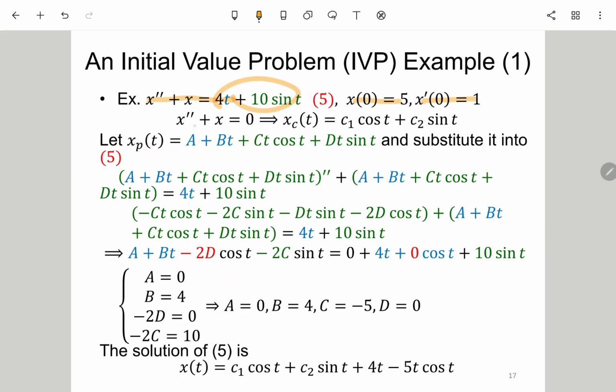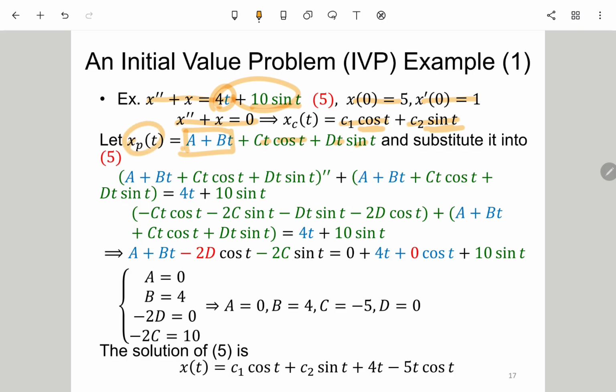The first step is to solve for the homogeneous equation, which should be C1 cosine of t plus C2 sine of t. For xp of t, we have a first order polynomial, and we have sine. But we already have sine, so it becomes t cosine of t, t sine of t, like this. It is excited to the first order.